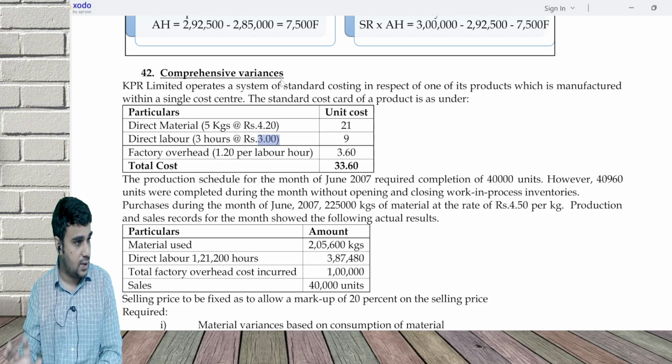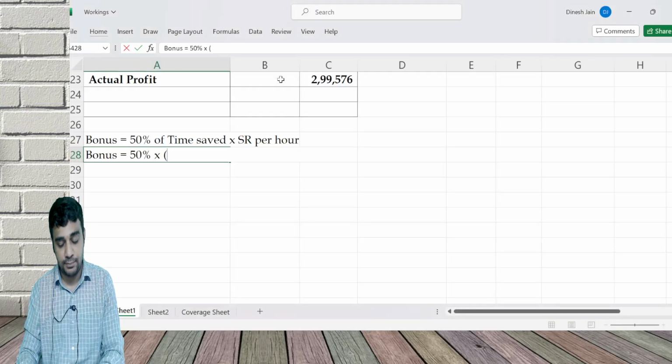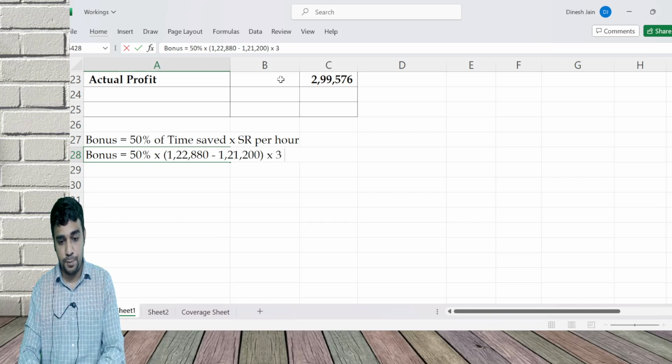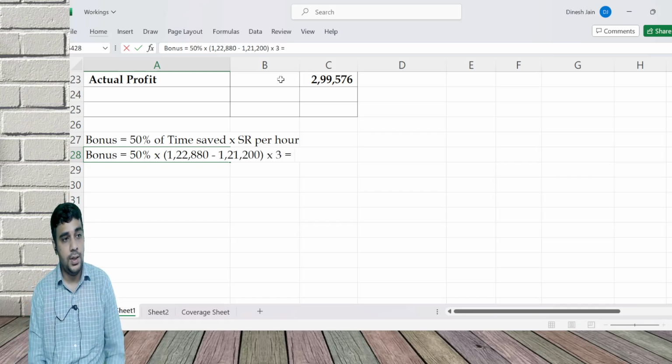We have done all this in the labor chapter. What is the standard time? How much is SH? 880 H into 3 rupees.